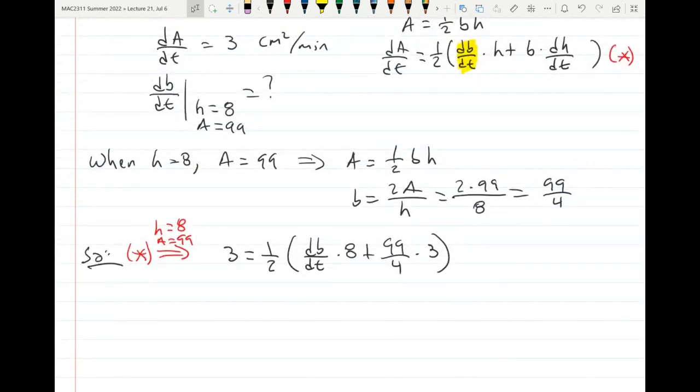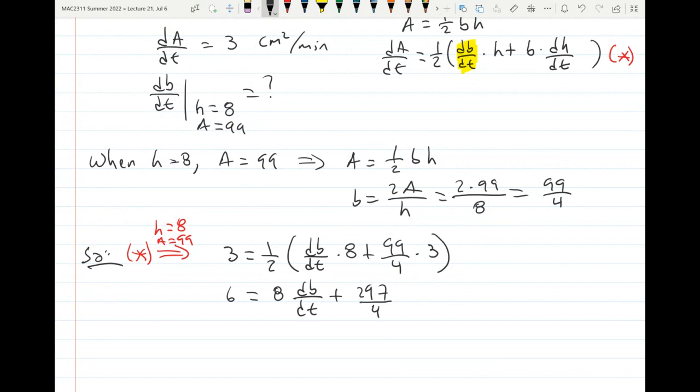I'm going to multiply it by 2, so that's a 6. So 6 is going to be equal to 8 times dB/dt plus, what is this? 27, and then 297 over 4. Okay.